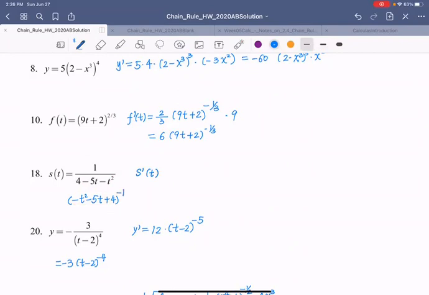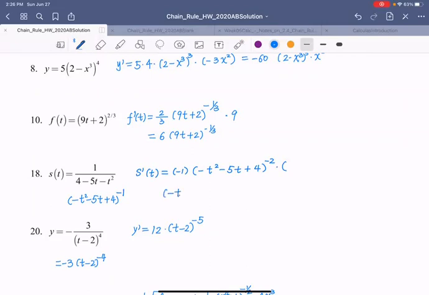Yes. Power rule first. So negative 1 times negative t squared minus 5t plus 4 to the power of negative 2. Very good.